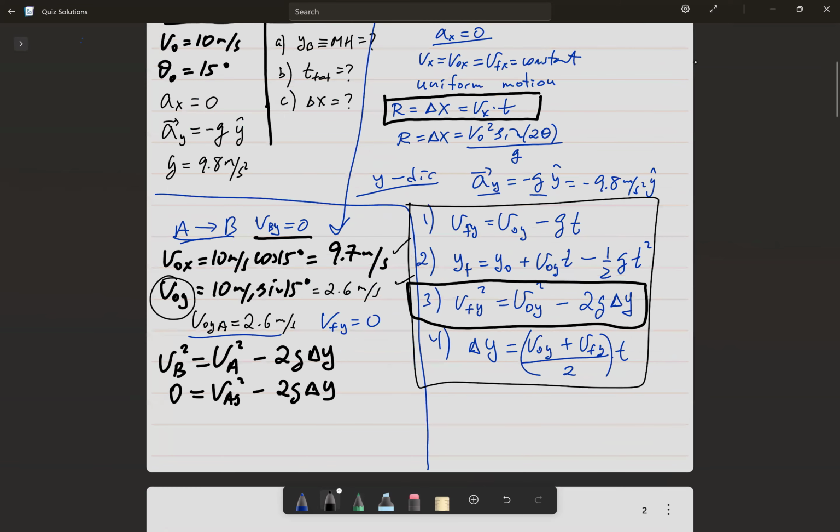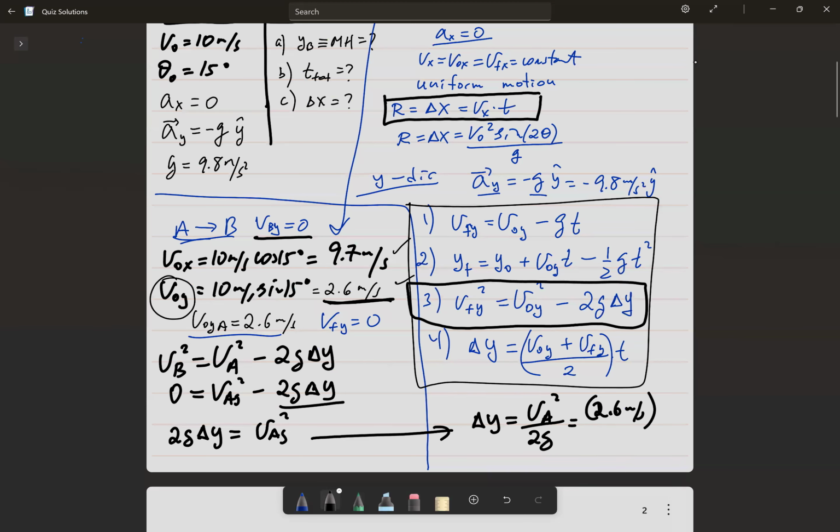So it's the velocity at A in the y direction squared minus 2g delta y. Rearranging this, move this term to the left, so it becomes 2g delta y equals the initial velocity in the y direction squared. Then divide both sides by 2g. So delta y equals initial velocity squared divided by 2g. So this will be 2.6 meters per second. Remember, we're using this quantity because that's the velocity in the y direction component.